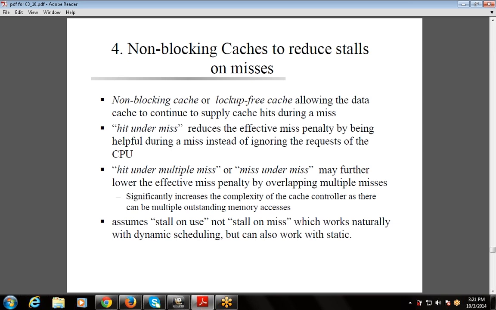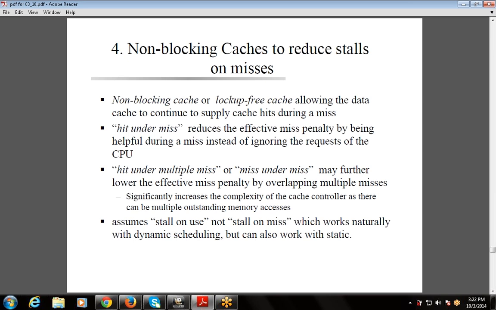Hit under multiple misses or miss under miss may further lower the effective miss penalty by overlapping multiple misses. These are a few techniques used to reduce stalling and the miss penalty. Assume stall on use and no stall on miss, which works naturally with dynamic scheduling but can also work with static scheduling.